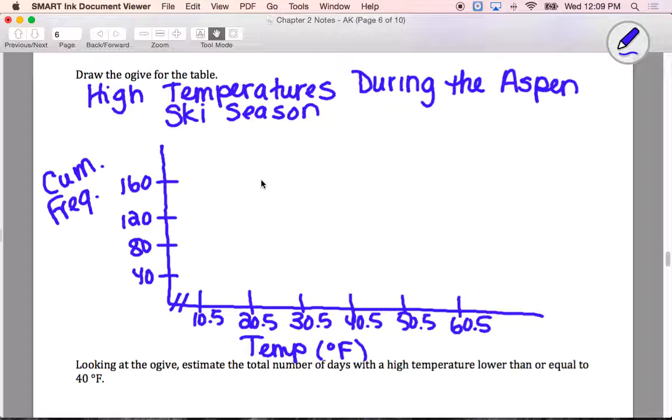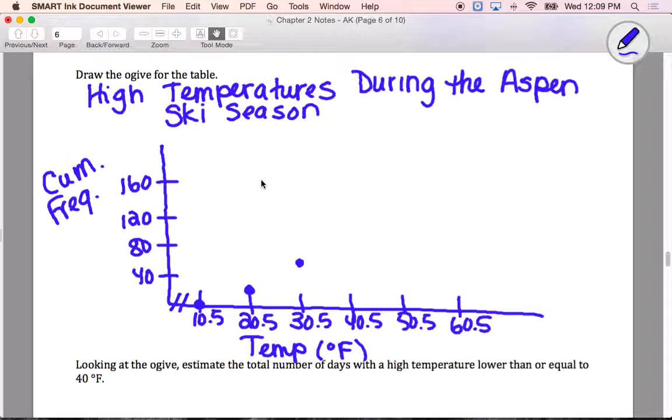So you're going to always start with 0 at the lowest class boundary. You're going to start with 0. The next one is going to be your cumulative frequency for that first group. So after I hit 20.5, we now are at 23. Then we go to 30.5 and do 66.